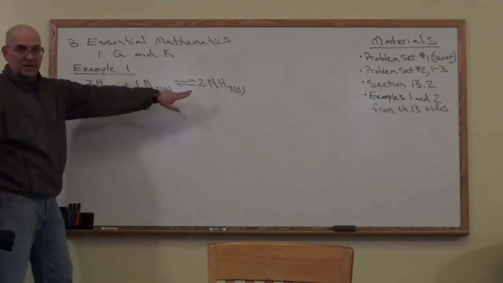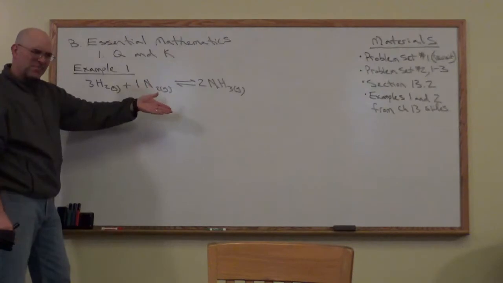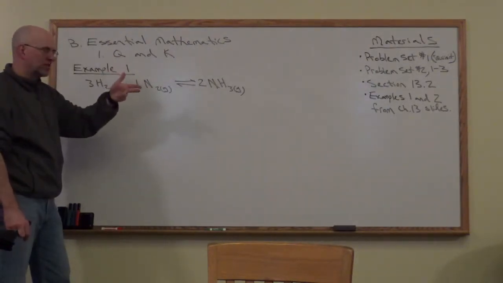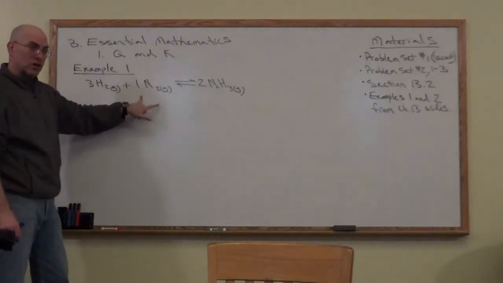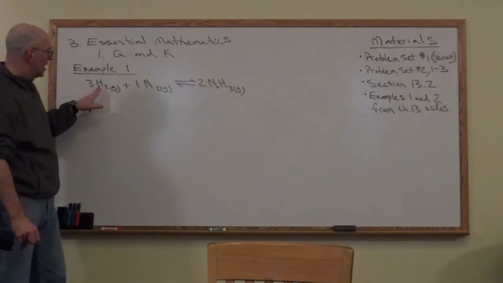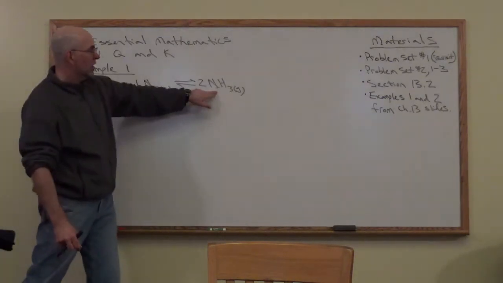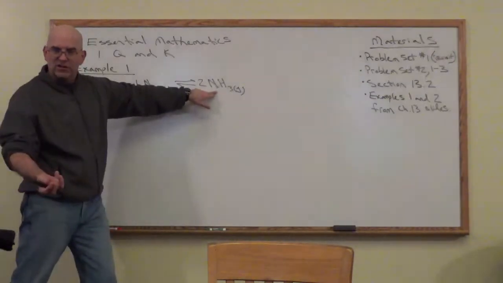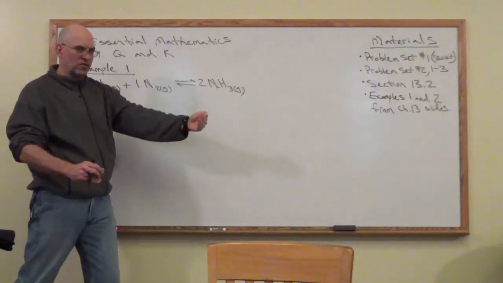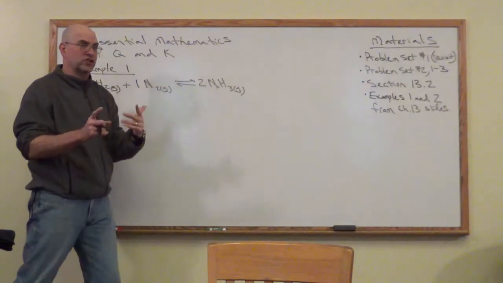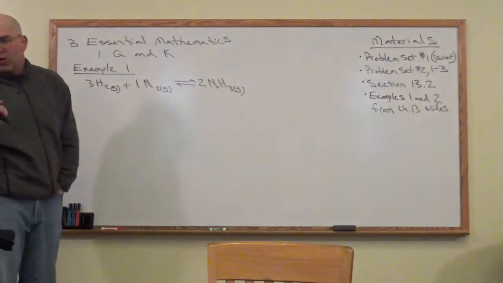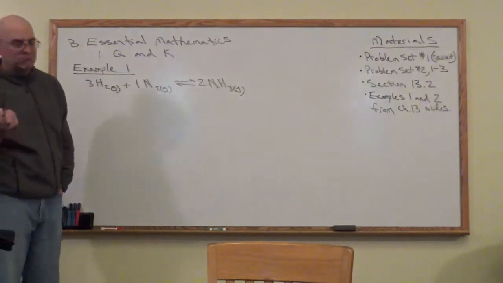These are gases. So we don't have to measure gases in terms of concentration, moles per liter. That's typically for an aqueous solution. We could also use pressure, because the partial pressure of nitrogen, the partial pressure of hydrogen, and the partial pressure of ammonia, from gas laws if you remember, are really substitute measurements for concentration. So we can use pressure or concentration to do this. But first things first, the problem says, write the appropriate Kc expression.